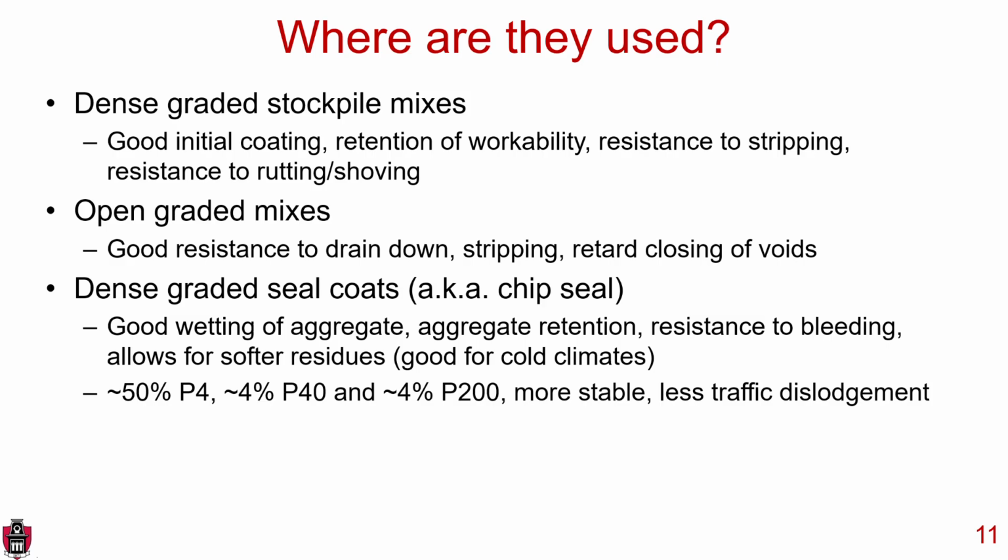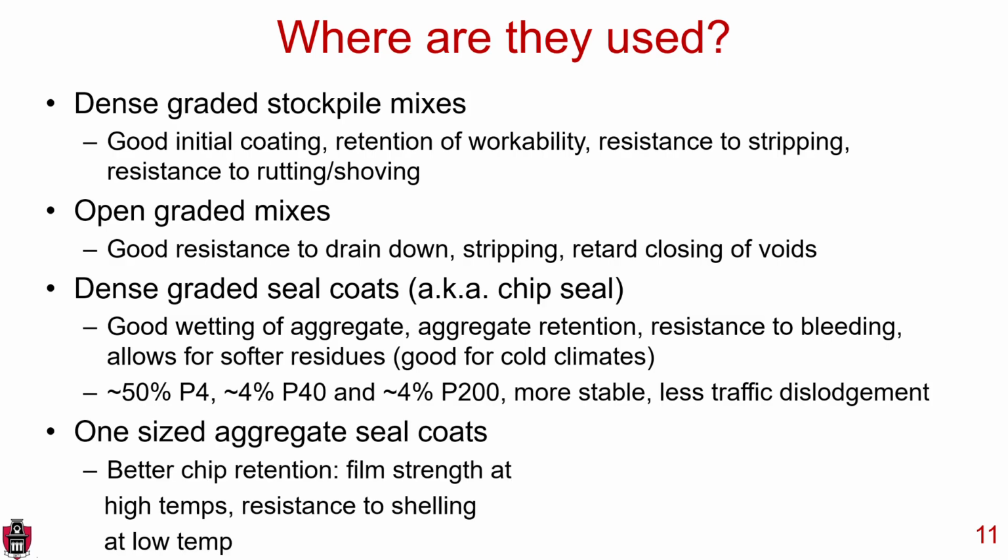But here you can see there's approximately 50% P4, which means that half of it is smaller than that typical single size chip, and you have about 4% passing the 200, so there's quite a bit more fines in there too than typical. And this allows for a more stable mix with high floats and less traffic dislodgement.